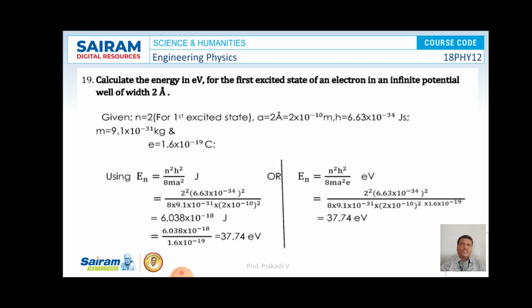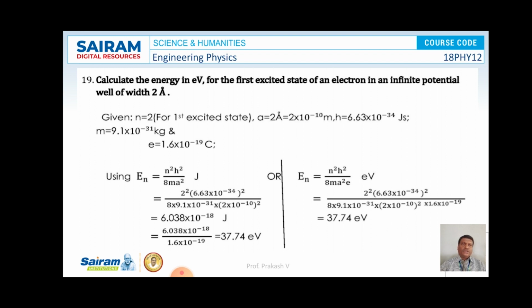So these were all the given data, and we know that energy En is equal to n squared h squared by 8 m a squared, so many joules, or En is equal to n squared h squared by 8 m a squared into e, so many electron volts. So if you divide the formula by charge on the electron, we are going to get En in terms of electron volts.